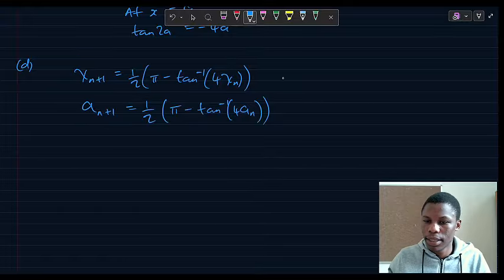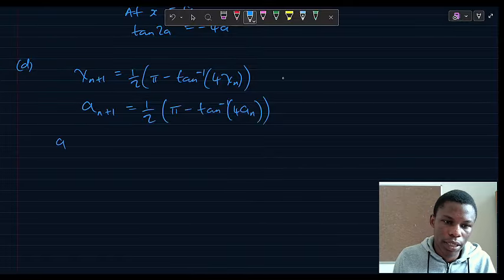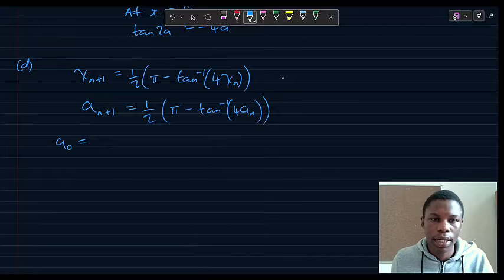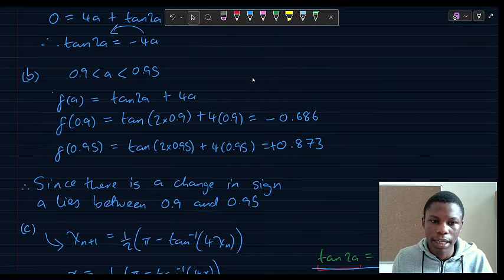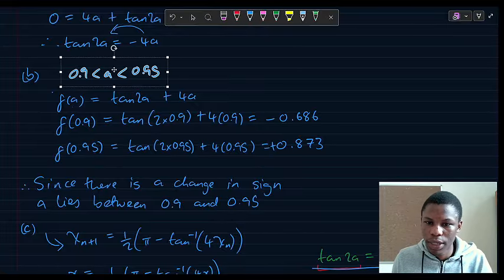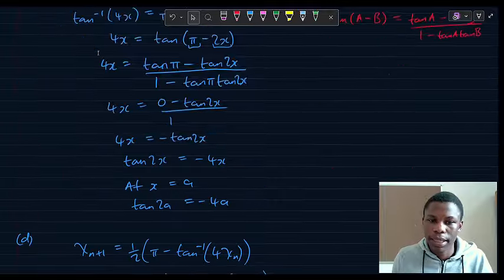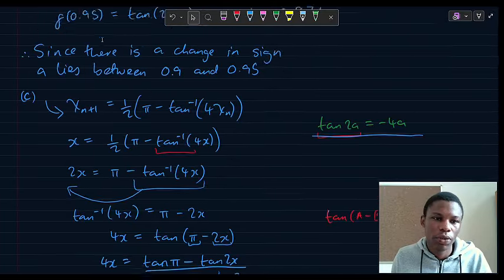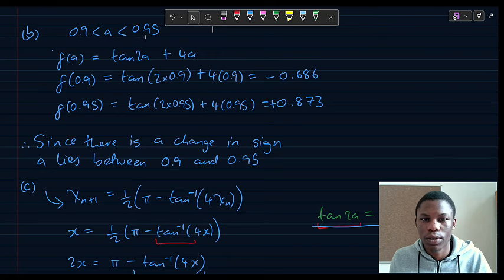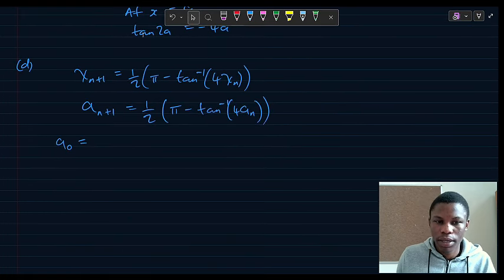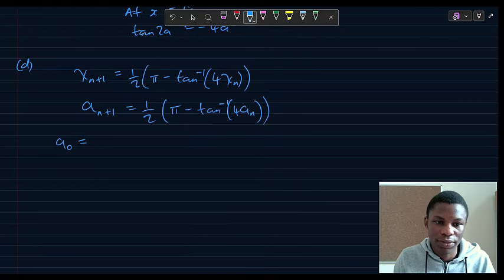We need an initial value. When we were verifying that a lies between 0.9 and 0.95, I think I'm just going to use 0.9 as my initial value. You can also use 0.95, or the midpoint of 0.9 and 0.95, which might actually converge faster, but let's just use 0.9.